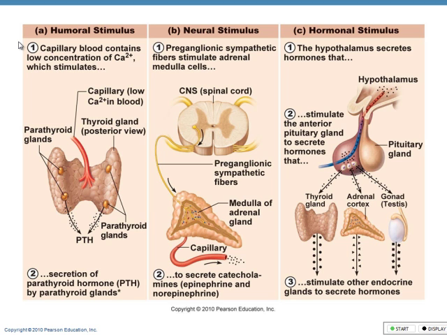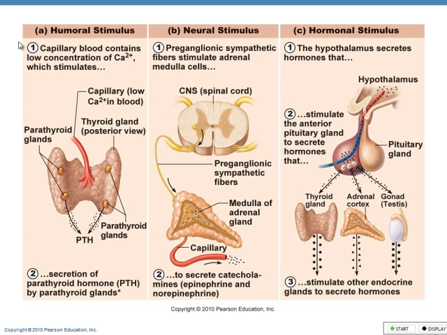Because what kind of energy molecule does your brain like to use to make its ATP? Glucose. So it's going to tell your pancreas, hey, this clown didn't eat breakfast again. Do you think you could secrete some glucagon so we can get some glucose into the circulatory system?